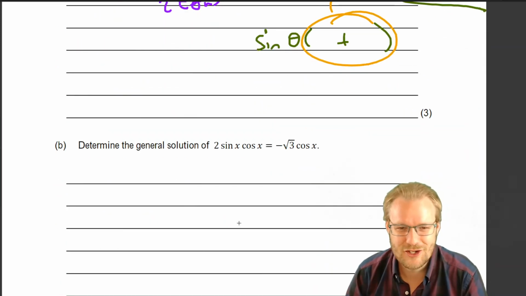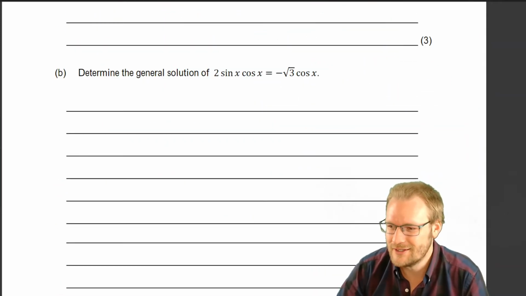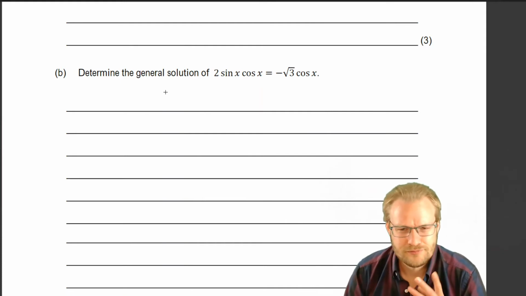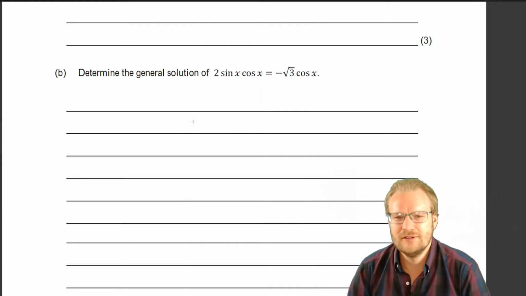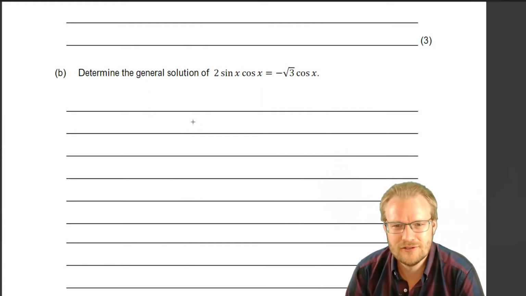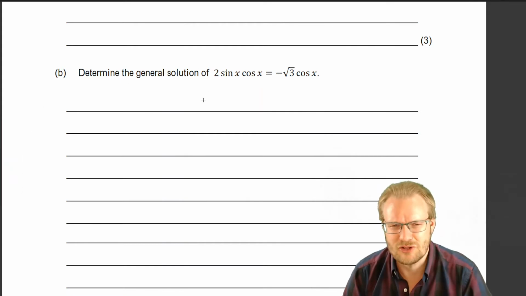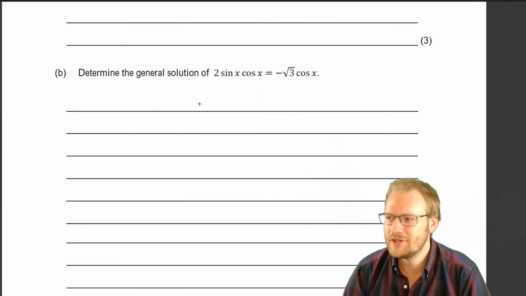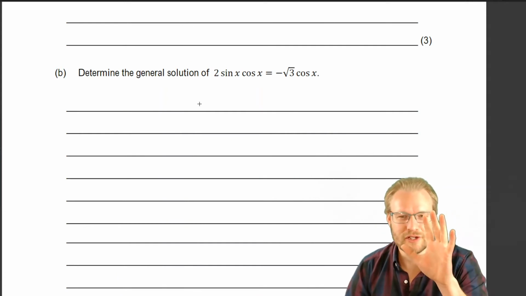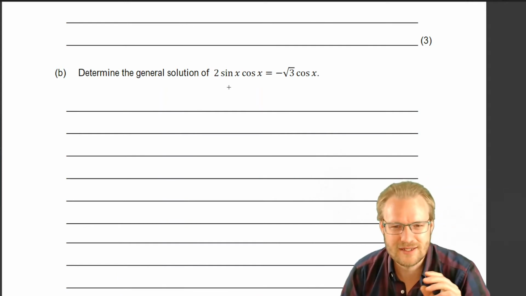Okay, cool. So determine the general solution of this thing that's going on here. Now, this doesn't look so pretty, and it does look pretty. That's an awful thing to say. But what it doesn't look is that immediately accessible.